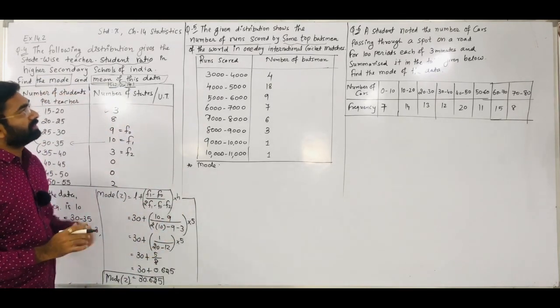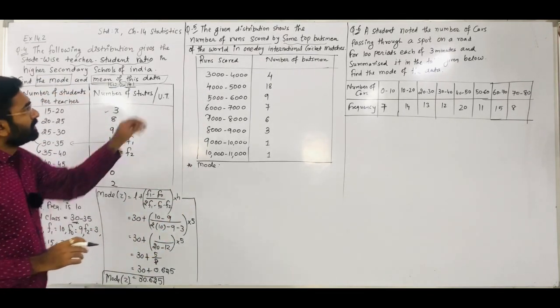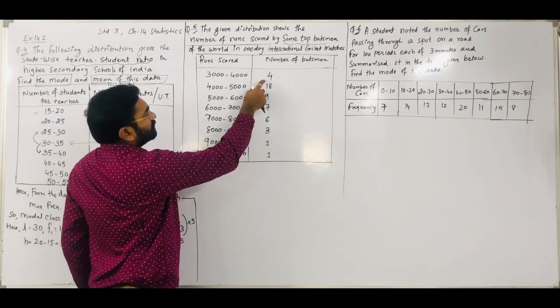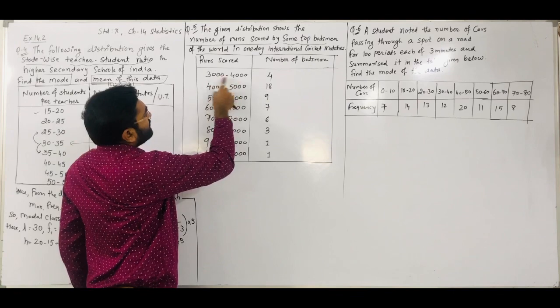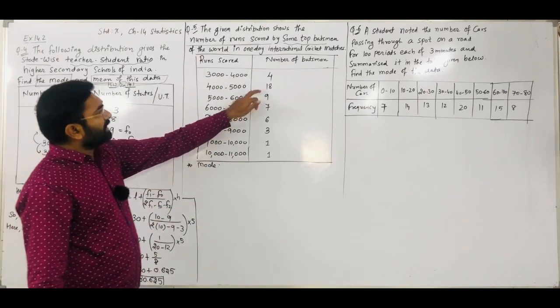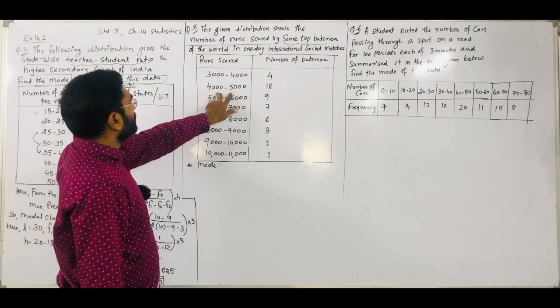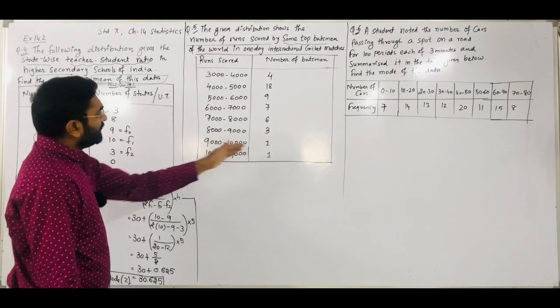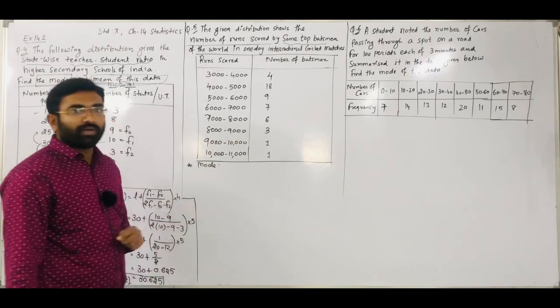So what is the meaning of that? There are 4 batsmen whose total score is between 3,000 to 4,000 runs, and there are 18 batsmen whose total score is between 4,000 to 5,000. As per the question, we have to find the mode.